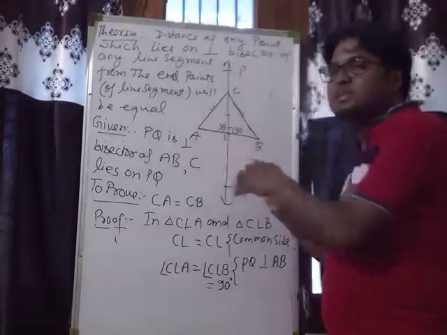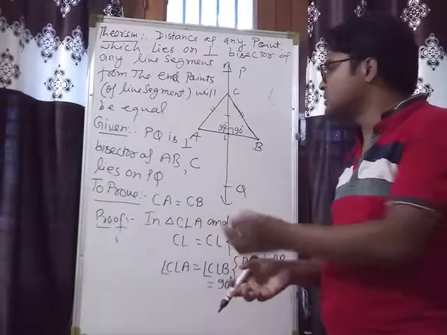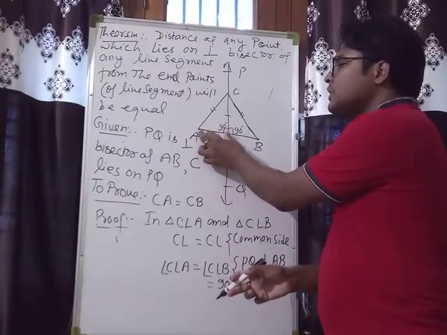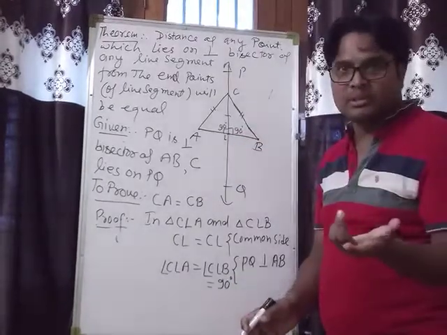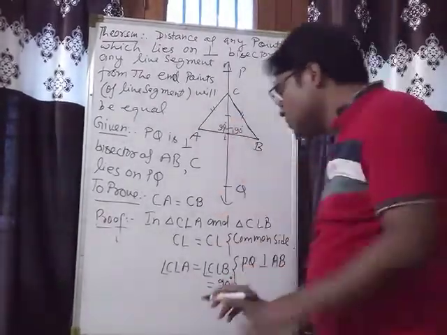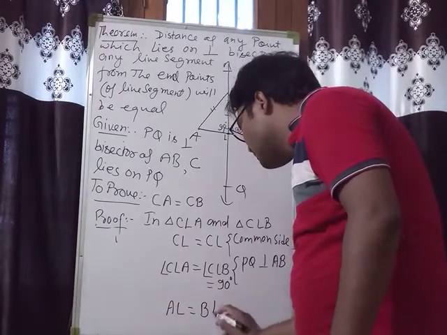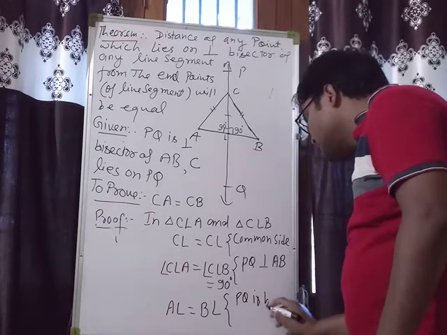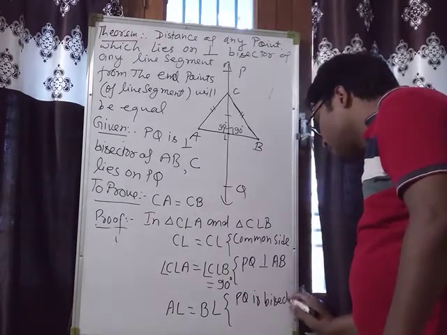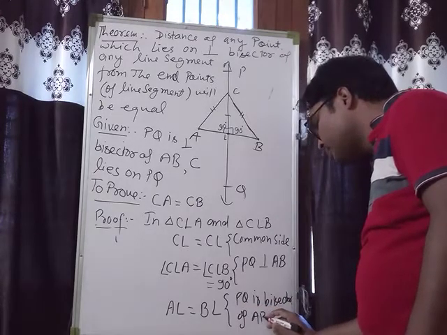If length of AB is 10 cm and PQ divides it into two equal parts, clearly length of AL will be 5 cm and length of BL will be also 5 cm. Clearly AL is equal to BL, because PQ is bisector of AB. That's why. Okay?